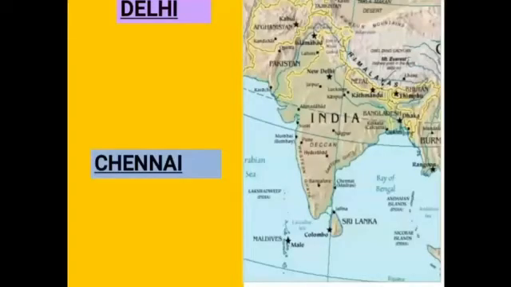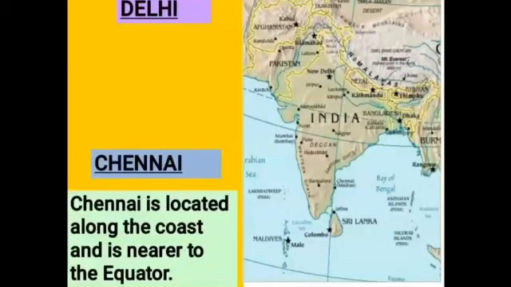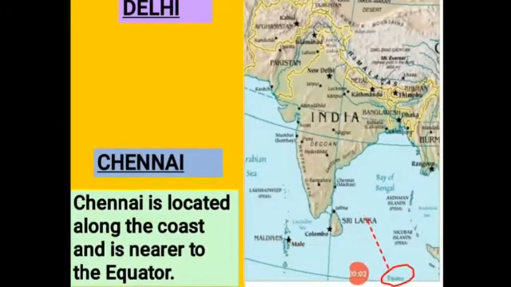Now let us compare the distance between the coast, Chennai and Delhi, and equator, Chennai and Delhi. Chennai is located along the coast and is nearer to the equator. Here we have the equator and here is Chennai.